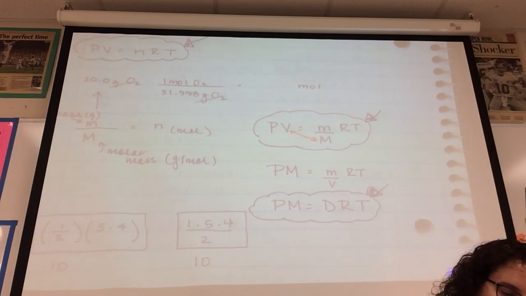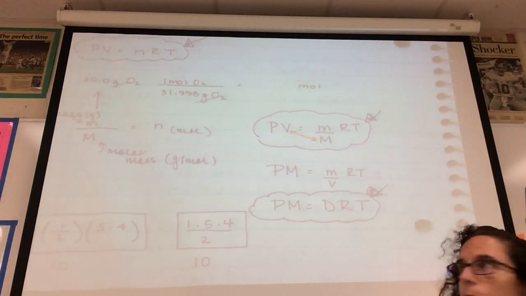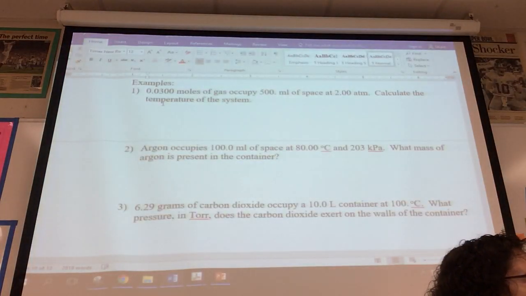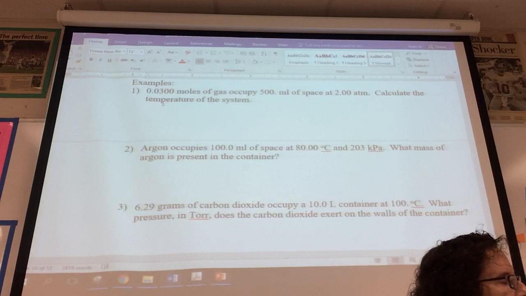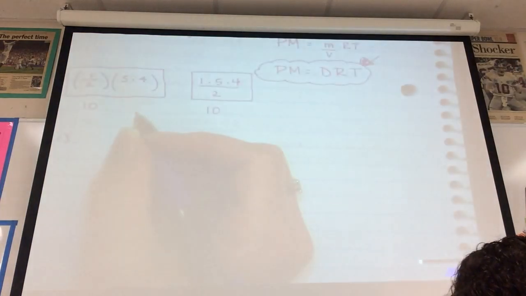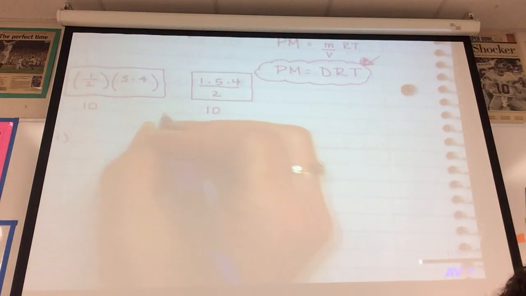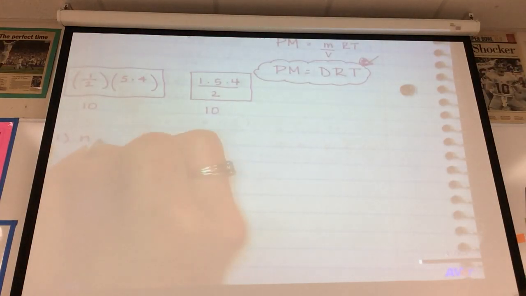All right. First problem. Let's read it, and we'll get the information down. It says 0.0300 moles of gas occupy 500 mils of space at 2 atmospheres. Calculate the temperature. So they gave us 0.0300 moles, so that's n.